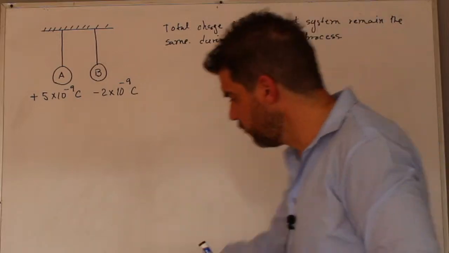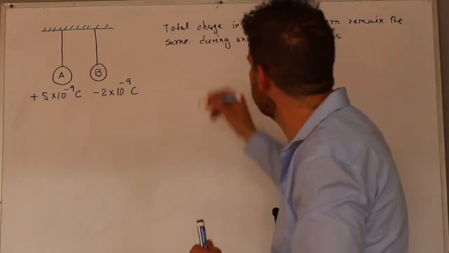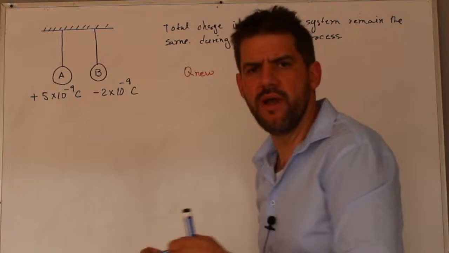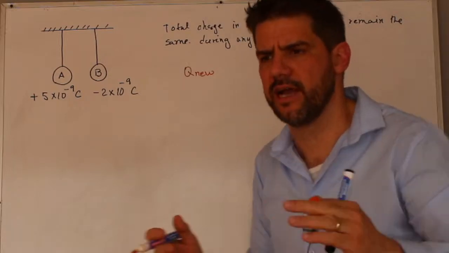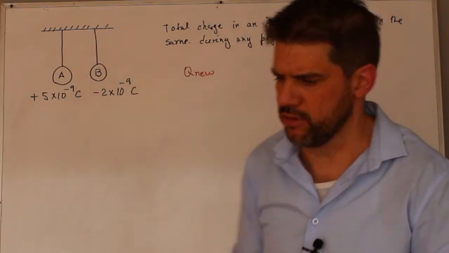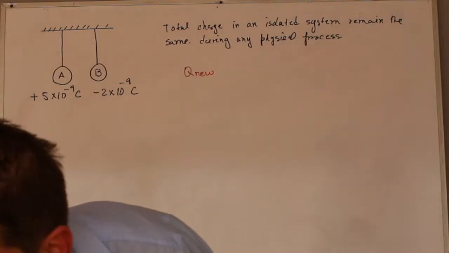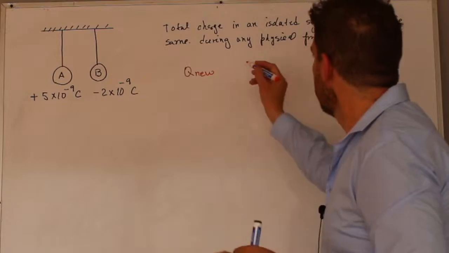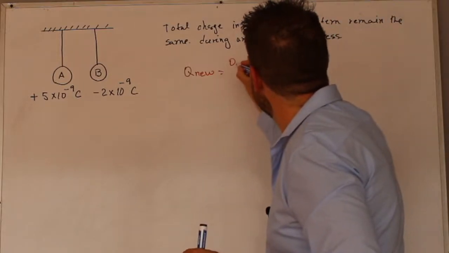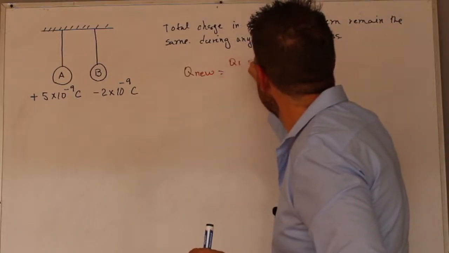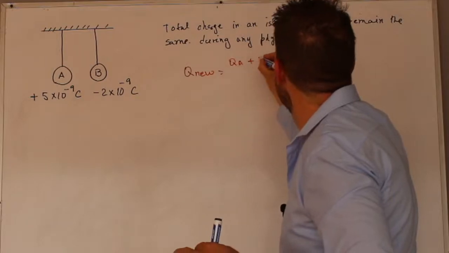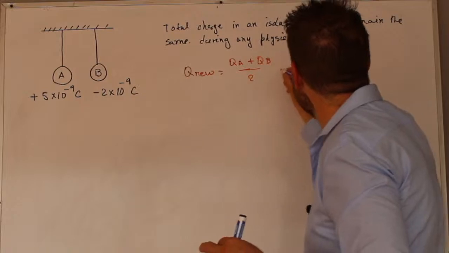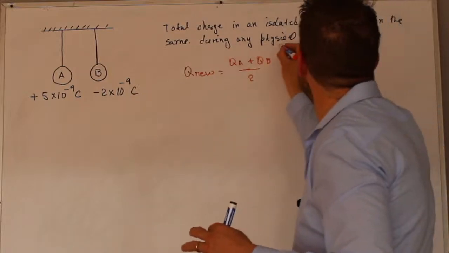This leads to a formula which says that the new charge, Q new, is after any physical process we're speaking about. So this Q new is equal to the addition of charge 1, or A for example, plus charge B, divided by 2. This one is after the physical process.